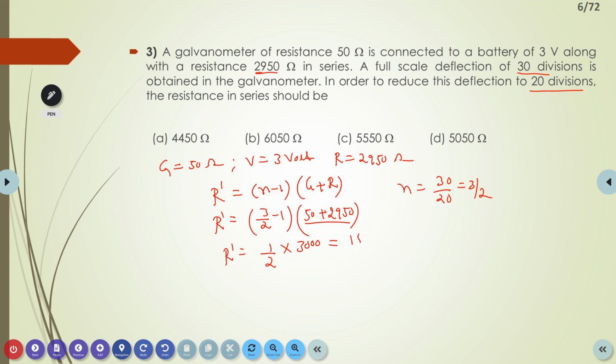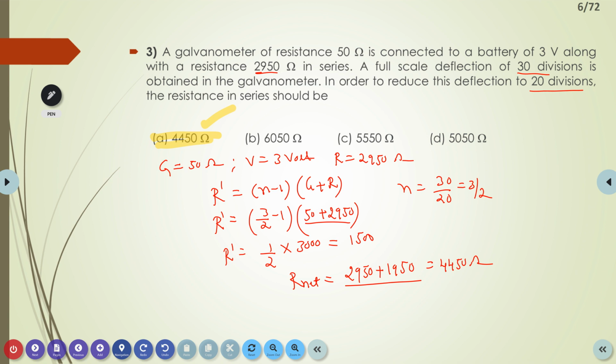It becomes 1500. So the R to be included, R net equal to the initial value 2950 plus 1500. By adding, what you are getting? 4450 ohm. This is the resistance. Where is 4450? This is the right choice.